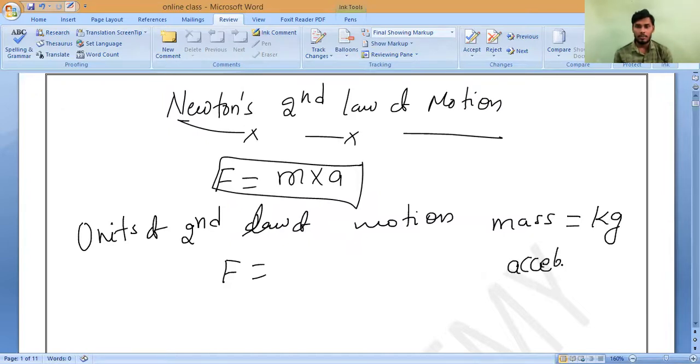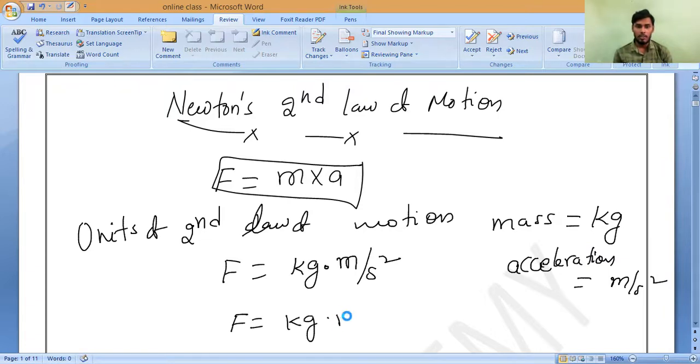Please tell me. Acceleration is measured in meter per second square. So force is equal to mass into acceleration. In place of mass I can write kilogram, and in place of acceleration I can write meter per second square. So force is equal to kilogram meter per second square.